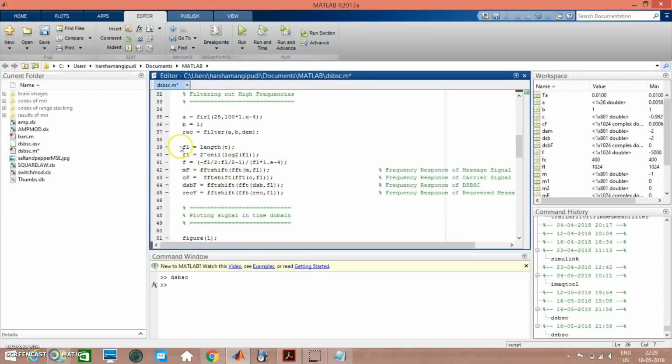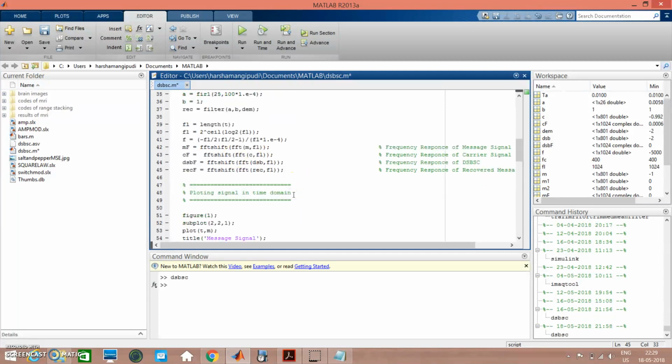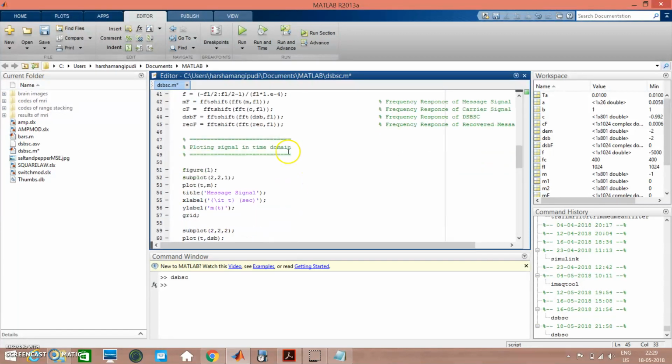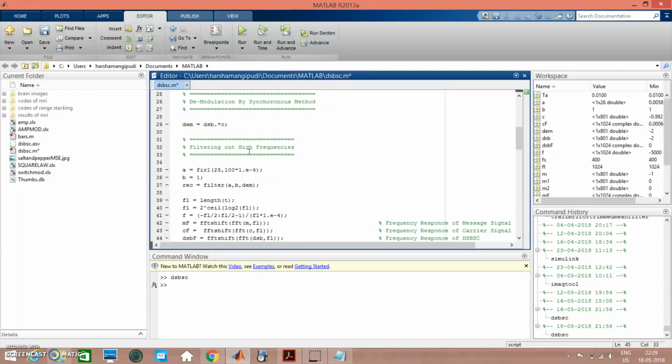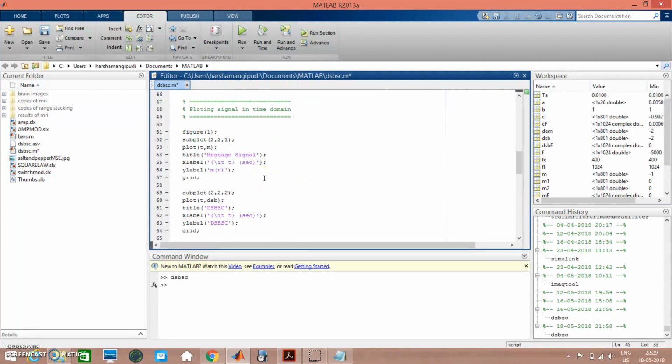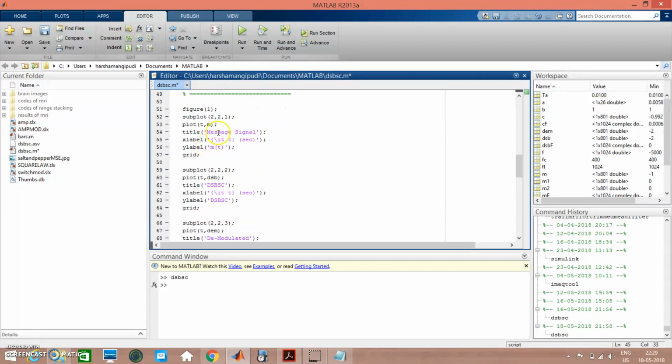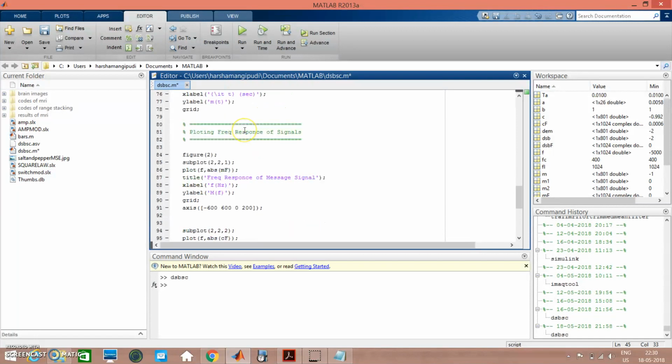Then these are the limits for forming the Fourier transform, the frequency response of the message signal, the carrier signals, and the DSBSC. Everything is defined at the top. After that, we just plot with respect to the respective domains: the message signal, DSBSC, demodulated, recovered, and their frequency responses.